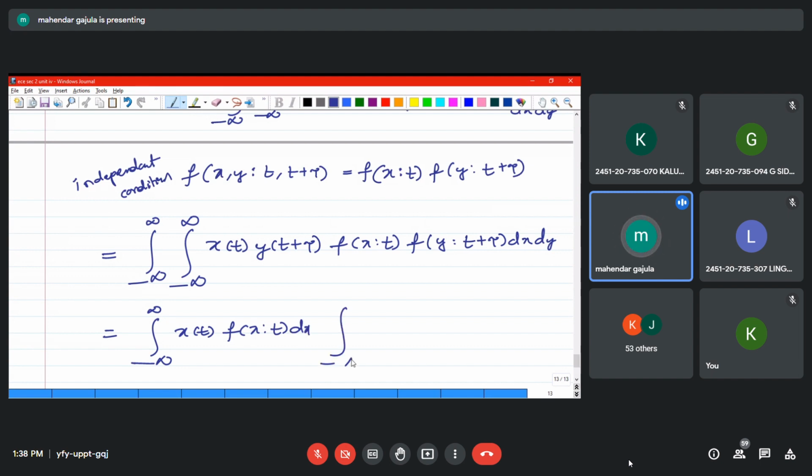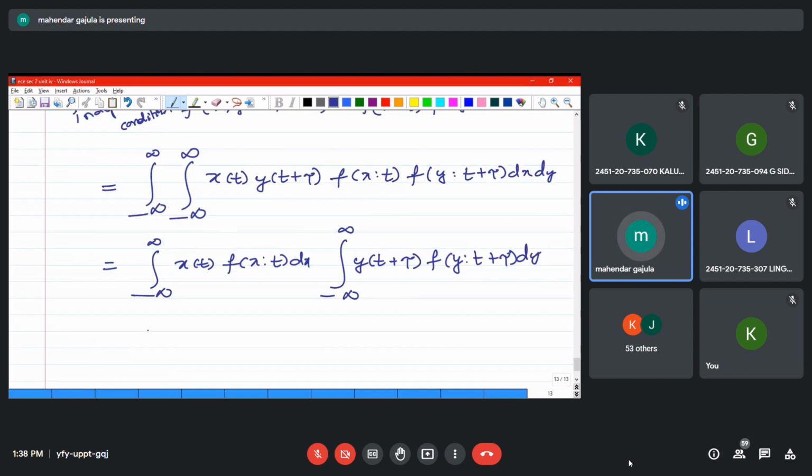Another integration is from minus infinity to plus infinity of y(t plus tau) f_y(y; t plus tau) dy. So what are these formulas? Is this not the expectation of x(t)? And this integration is the expectation of y(t plus tau).